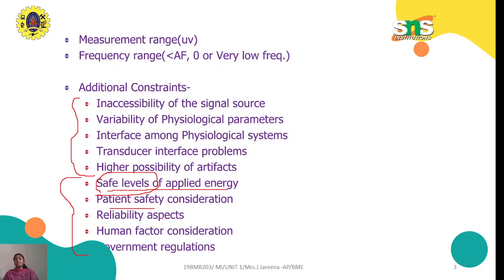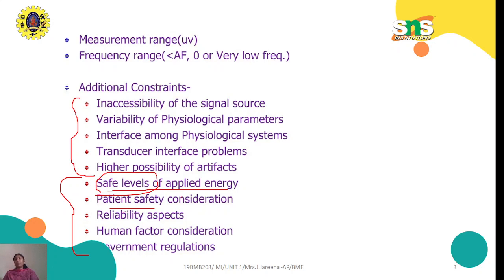So we have to look at the possible ways to isolate the patient, so that even if there is a malfunction in the device, in no way will it affect the patient. We have to work on this while developing the medical device.